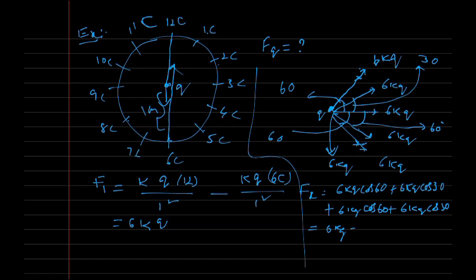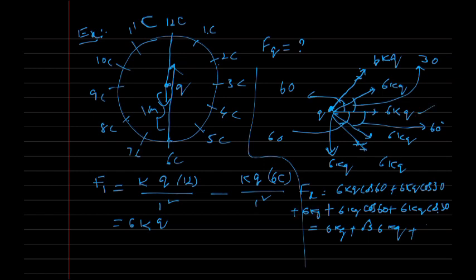Similarly, plus 2 times 6kq cos 30, that is equal to root 3 times 6kq, that is Fx, plus what still remains? 6kq exactly at the middle, this one.